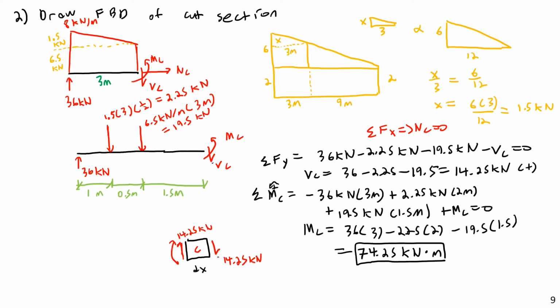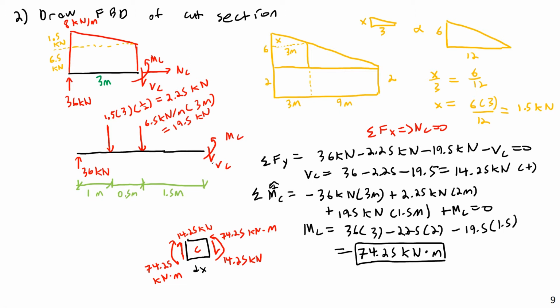Well, positive state of moment, I should say, but a clockwise arrow on the left and a counterclockwise on the right. And this would be 74.25 kilonewton meters. And the same here, 74.25 kilonewton meters.